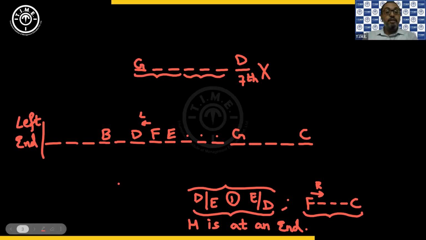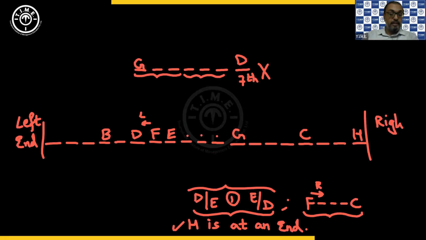That means between G and H also, I need to have 6 people. So I cannot take H on the left side of G; I have to take H on the right side of G, because H has to be at an end. After G on the right side, there are already 4 people. I need to add 2 more people and then you can put H. So this is identified as the right end.